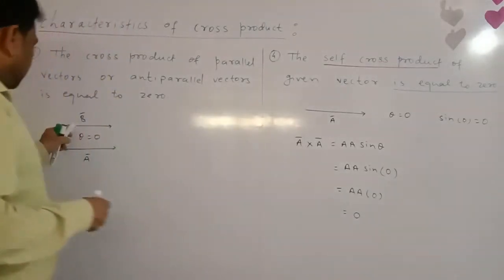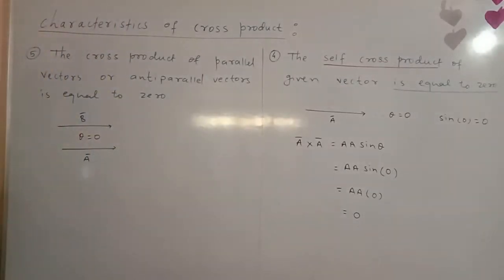So if theta is equal to 0, then sine 0 is equal to what? 0. So what is the cross product of this?